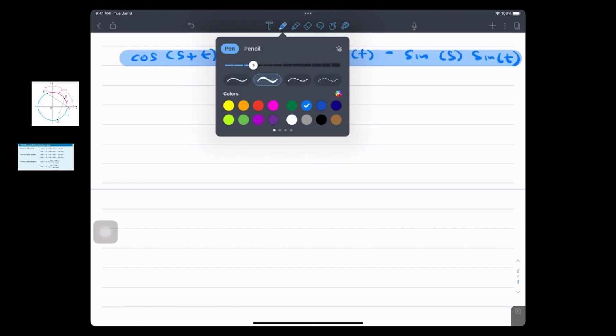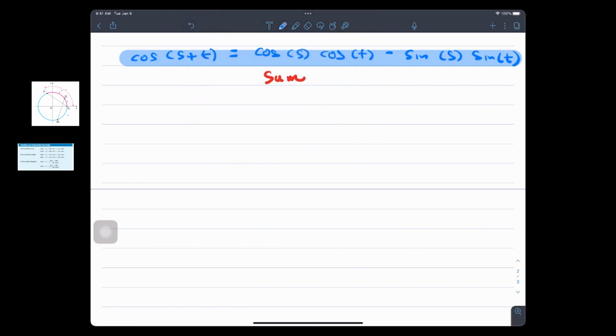So, what is the difference? Now I'm going to do this. Tell me if you guys agree with this. Cosine of s minus t. There's a difference here. Do you guys know how you can write a difference? A difference is written as a sum of a negative.